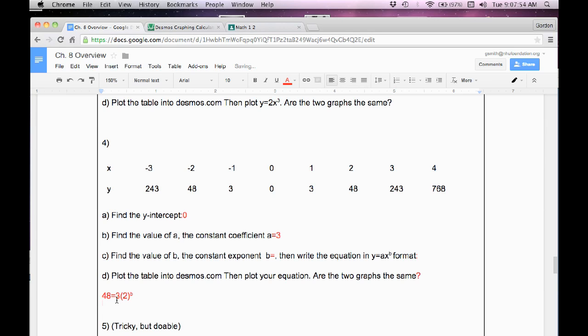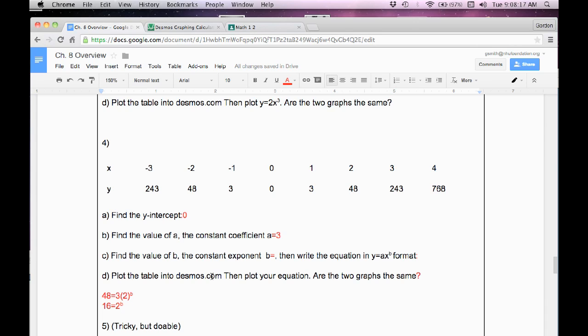So then I know that 16, because 48 divided by 3 is 16, is equal to, the 3 is gone now, so that's just 2 to the b. So what number does b have to be to make 16? 2 to the b. So that's 2 times 2 is 4, times 2 is 8, times 2 is 16.